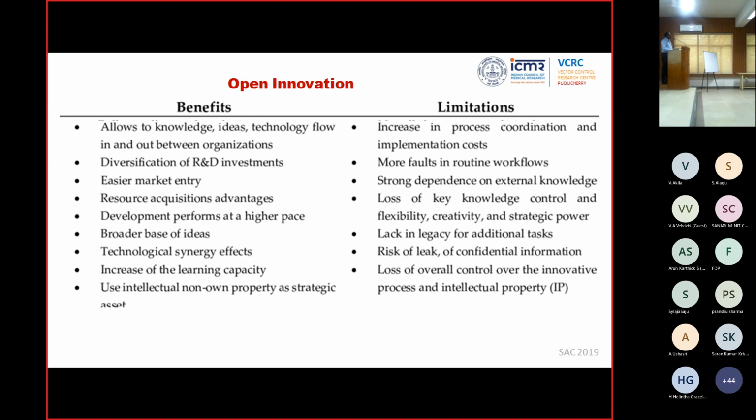Whichever of these 3 partnerships or collaborations you have, either within the private sector, or between private and government sectors, and also involving the public, any of the 3 collaborative modes can take place. The major advantage you get is the expertise, and the major disadvantage is that there is likely to be leakage of whatever product or process you are going to develop. That is the major disadvantage of this particular open innovation.